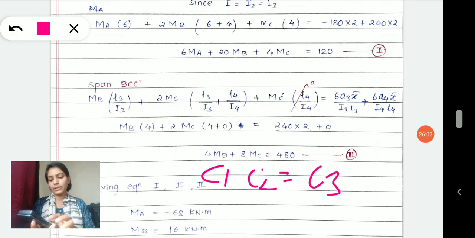In your calci they have given A1, B1, C1, D1, A2, B3. So the namings will be different in your calci, but put the values in it. If you don't know, you can ask me personally on the official groups of our college.